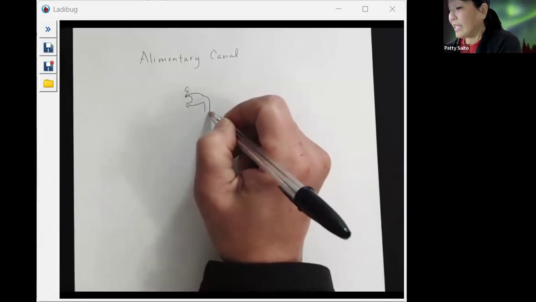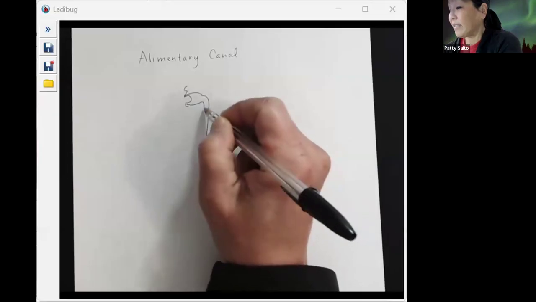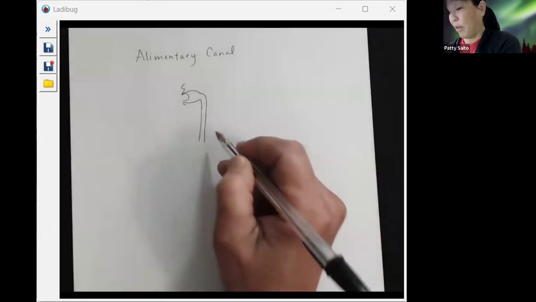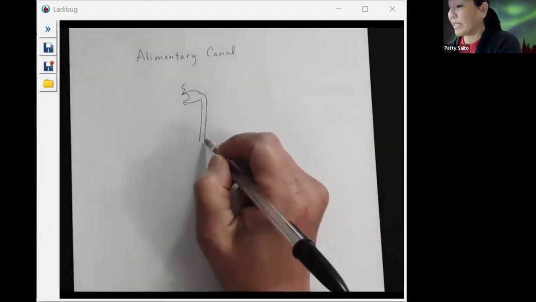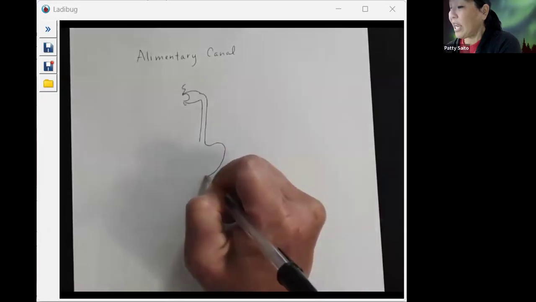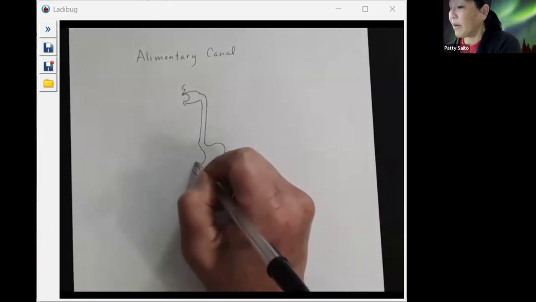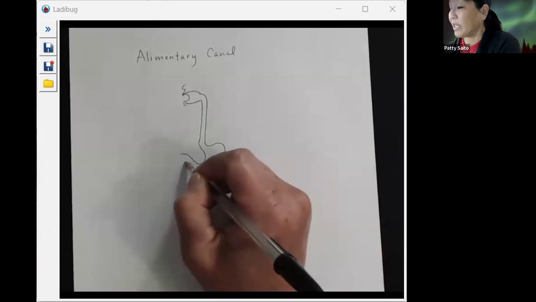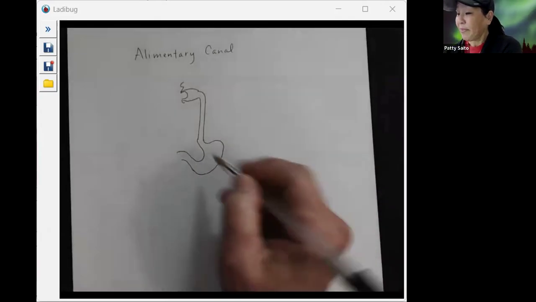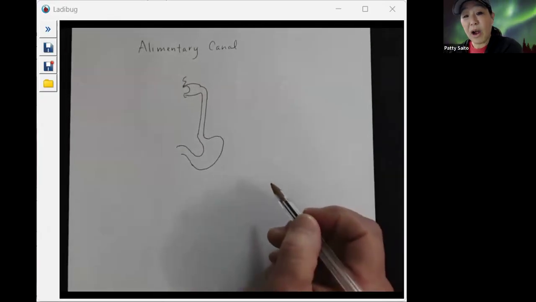And then that leads into the esophagus. The esophagus will pass through the thorax, the thoracic cavity, and then lead into this J-shaped organ called the stomach. We'll draw the stomach later in more detail. All right. So I'll label this after, but draw along with me.